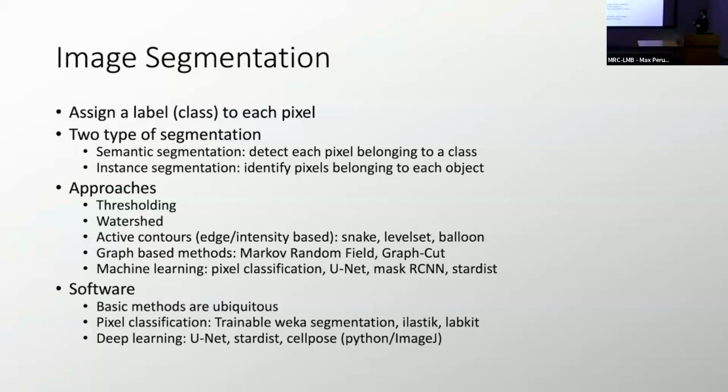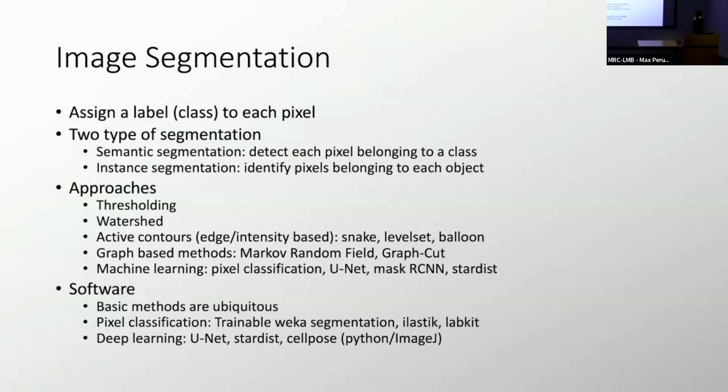Once you have objects, a typical old-fashioned workflow would be to apply watershed to achieve instance segmentation using some seeds, for example, which allows you to separate objects based on either a priori information or just the distance to the contour. All these methods you can find everywhere.